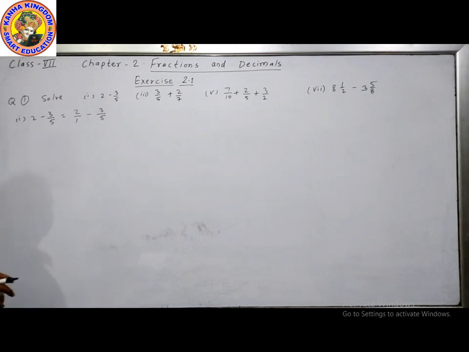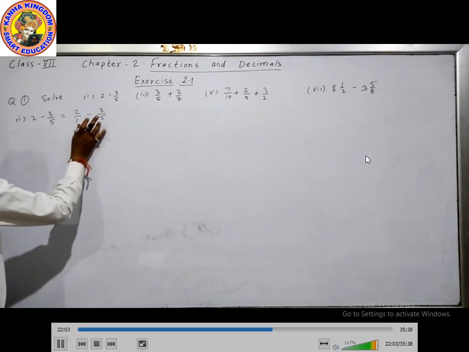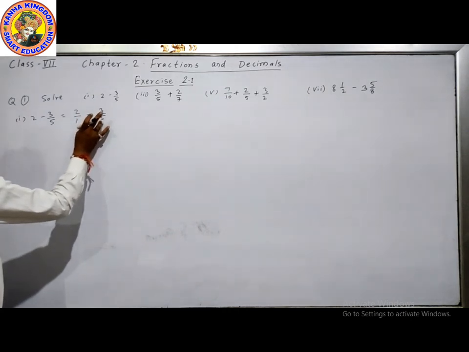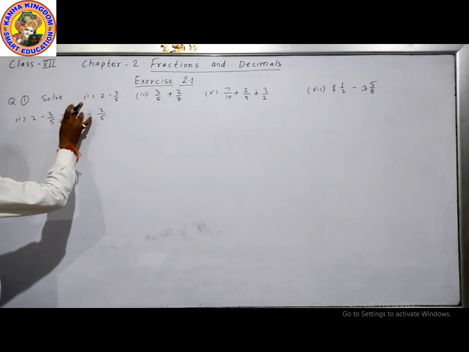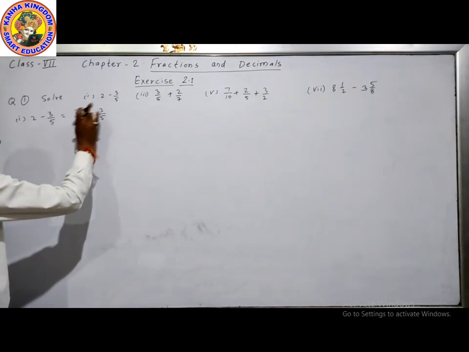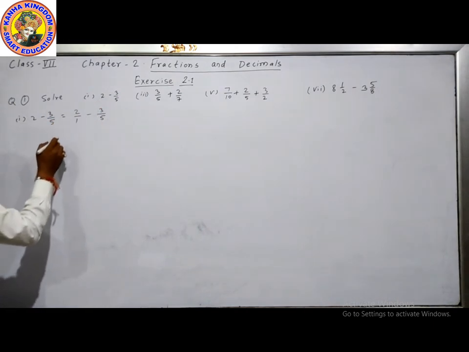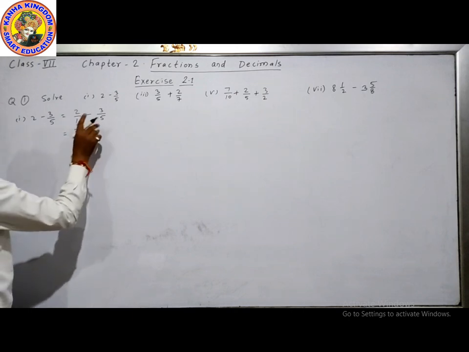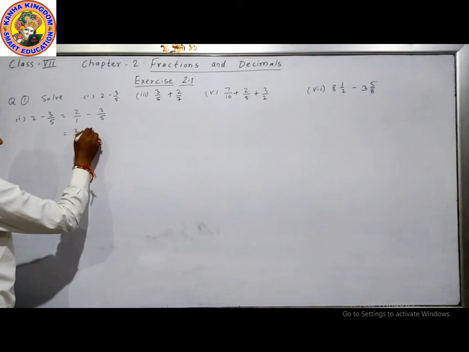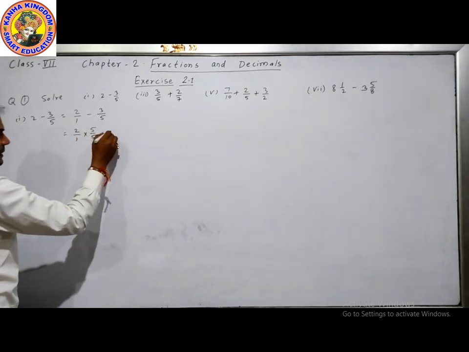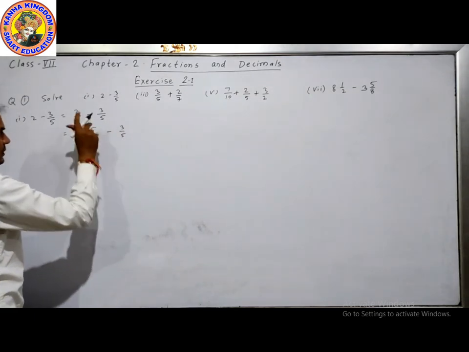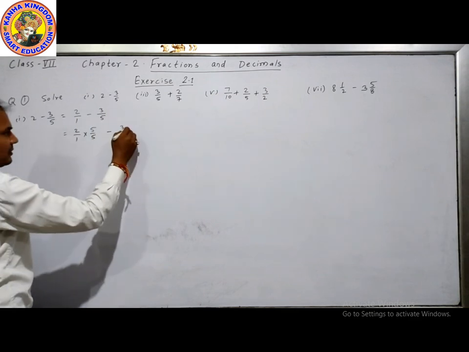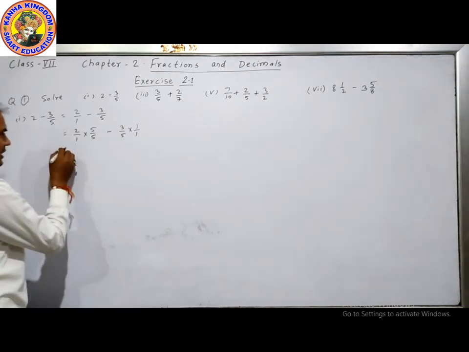For addition and subtraction, we will make the denominator equal. So the first number will be multiplied by 5, the second number will be multiplied by 1. 2 by 1 multiplied by 5 and 5 minus 3 by 5, 3 by 5 multiplied by 1 and 1.